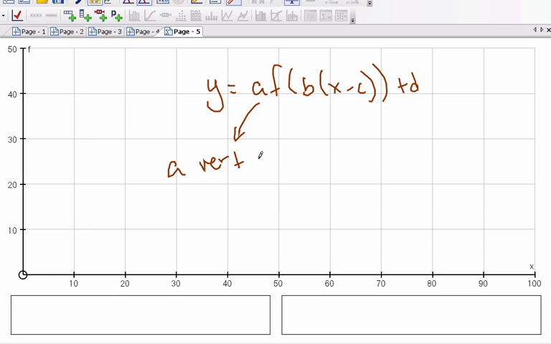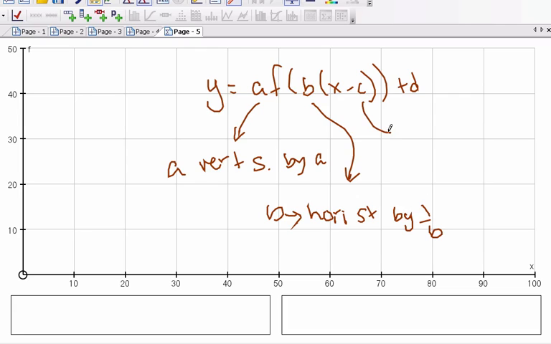A is the vertical stretch by a. B is a horizontal stretch by 1/b. The x value gets multiplied by 1/b. The y value gets multiplied by a. Because a is outside, b is inside the function.